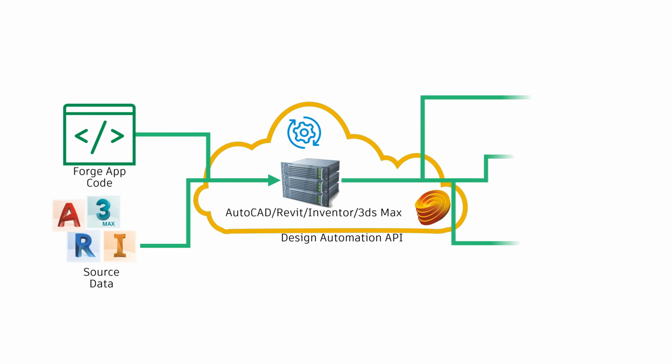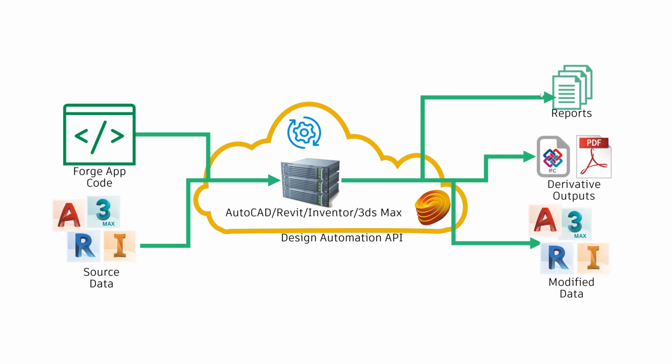Then this will give different outputs based on your instructions. The data could be generated reports, or it can generate derivative outputs like IFC and PDF, or it can just modify the existing source data.